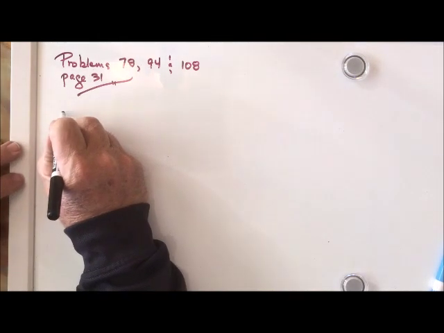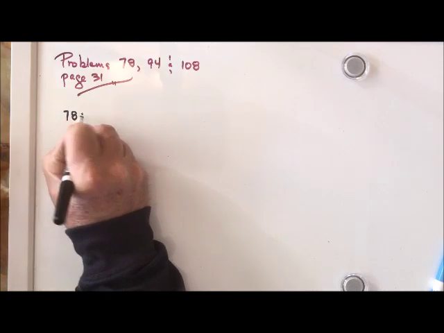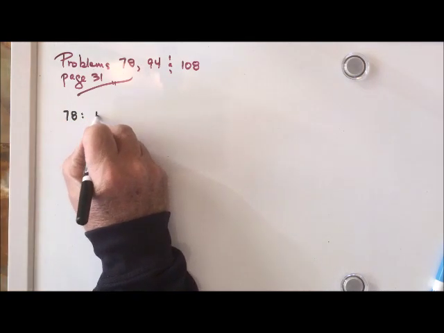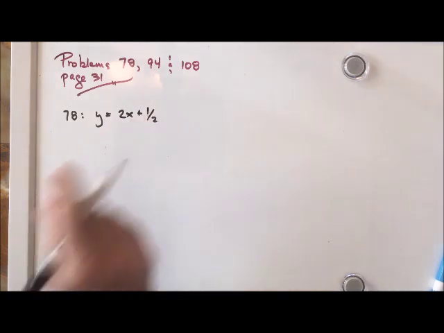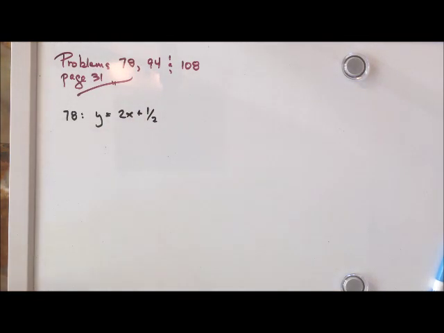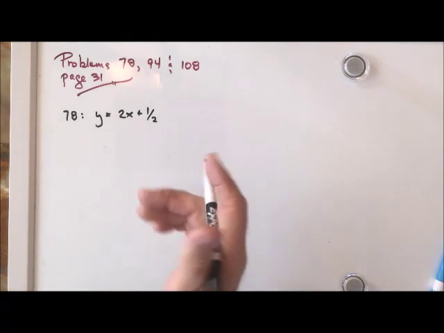says, let's look at this equation. 78 says y is equal to 2x plus 1/2. And the question associated with 78 is to find the slope and the y-intercept of the line.